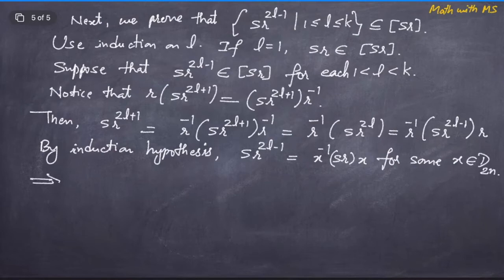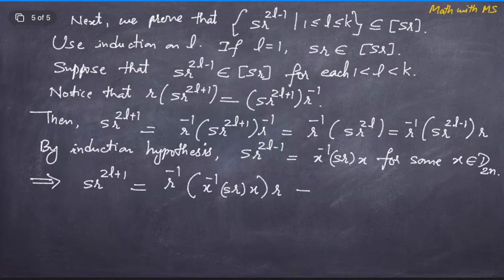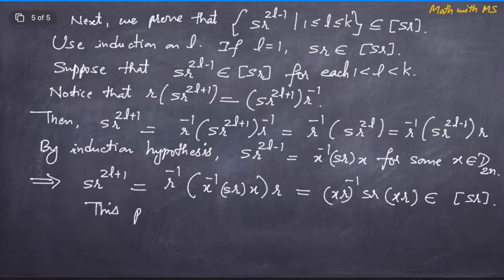This implies that s into r to the power of 2L plus 1, which I have written as r inverse into s r to the power 2L minus 1 into r, is the same as r inverse, and here I replace it by x inverse SR into x times r, but that is the same as (xr) whole inverse SR into xr, which is again a conjugate of SR. This proves our claim 2.